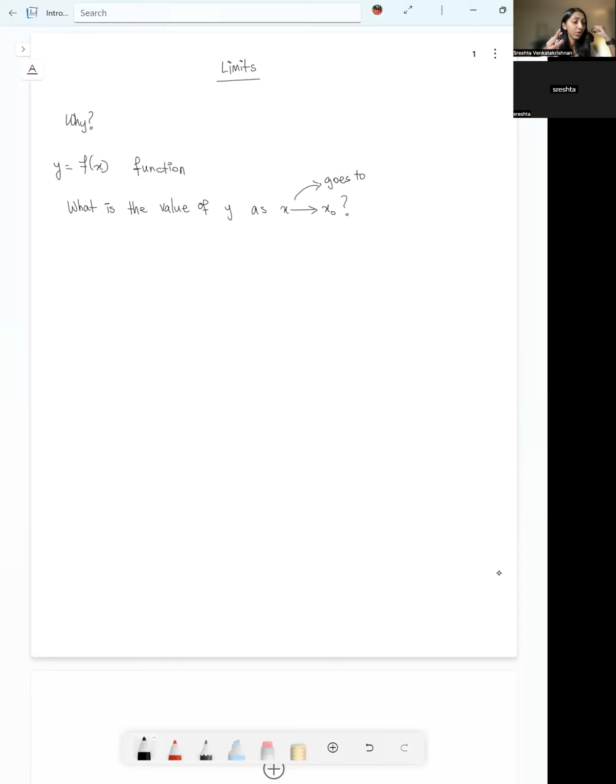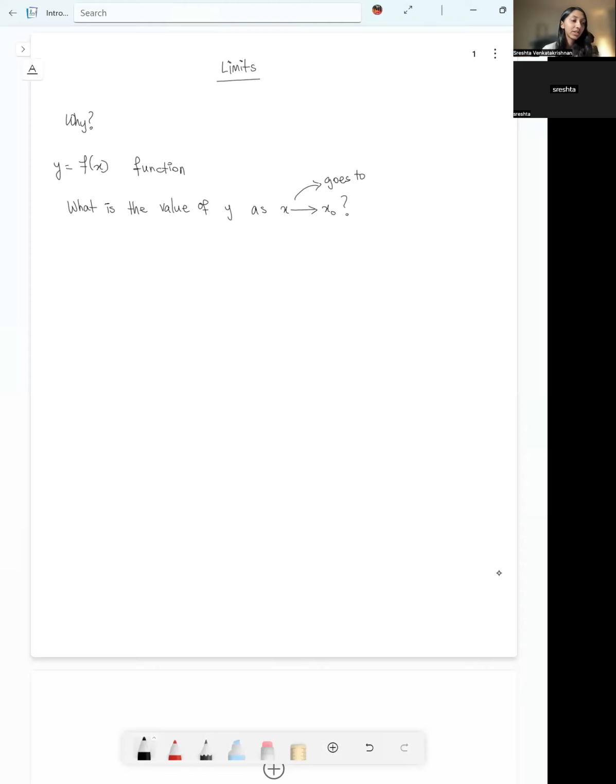So you're going so close to x0 that you're able to approximate the value of the function at x0. You can say that the function approaches y0 as x goes to x0. That is the concept of a limit.